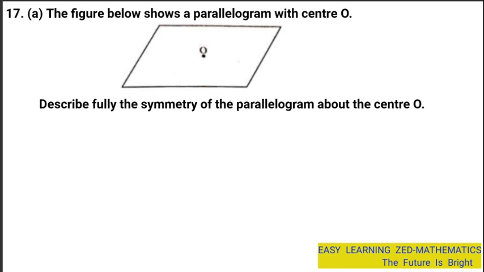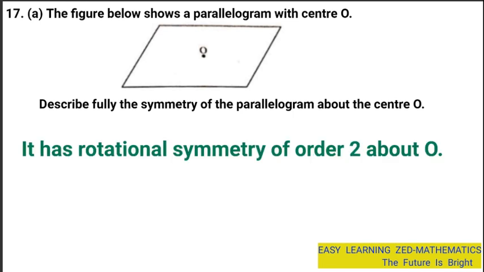How can we describe the order of rotation on center O? We can say that this parallelogram has rotational symmetry of order 2 about O.